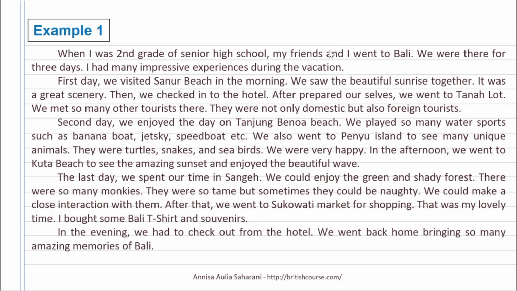And then of course, we saw the beautiful sunrise together. This paragraph is all about events in Sanur Beach. And the second day, we enjoyed the day on Tanjung Benoa Beach. Okay, so this story happened on Tanjung Benoa Beach.